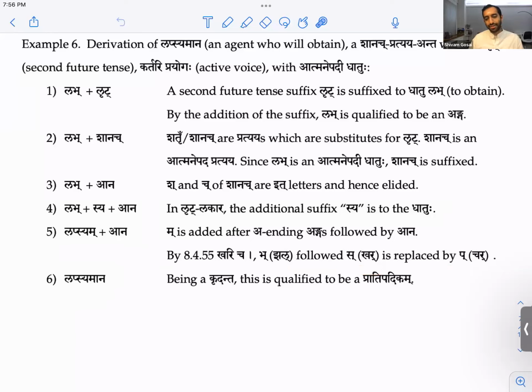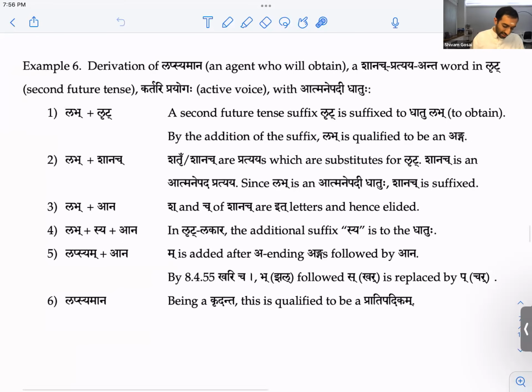So instead of labsyamana, it'd be labpsyamana, with pakara. So same thing, just as we saw with Lat Lakara, except we're adding a sya in between now, for future tense.